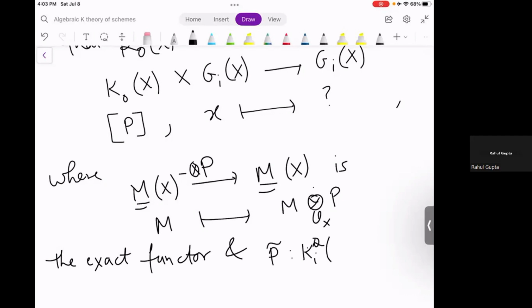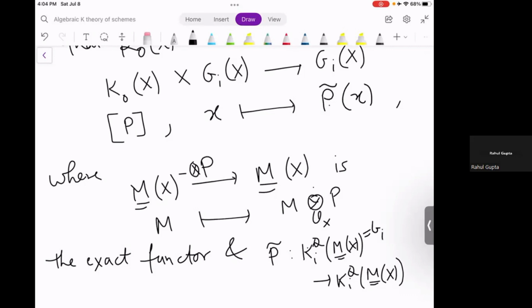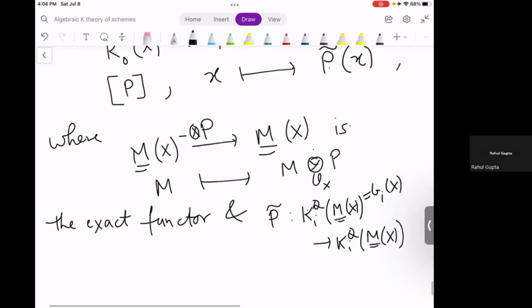Sorry, yeah, so M of X to itself. Yeah, and then I will just put it here. This P tilde of X. So because this is a G theory of X, and this is also X. Right?